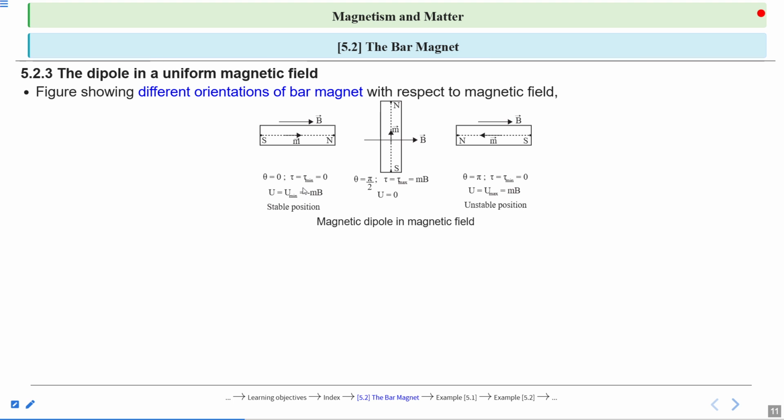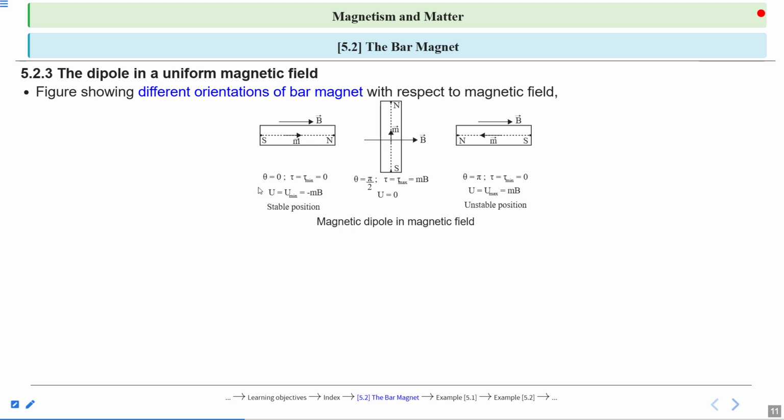So a question can be asked in the form: at what orientation will the torque on the bar magnet be 0? At theta equal to 0, when the magnetic moment is parallel to the magnetic field. At this orientation, U is equal to U minimum, because of mB cos theta, and cos 0 is 1.